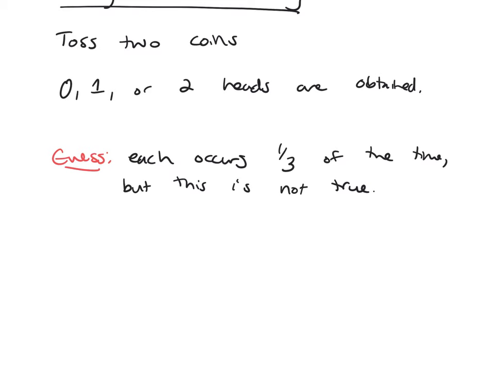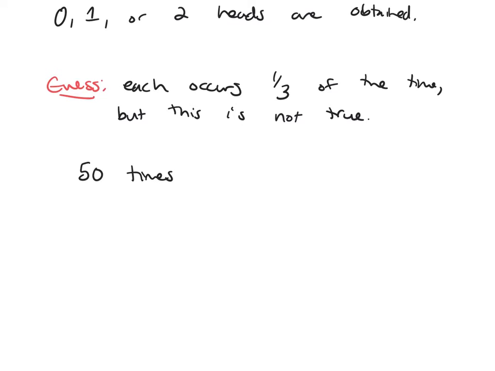Let's say we do this 50 times, where we flip these 2 coins, and we record how many times we got each number of heads. So I'll lay it out in this chart for you.